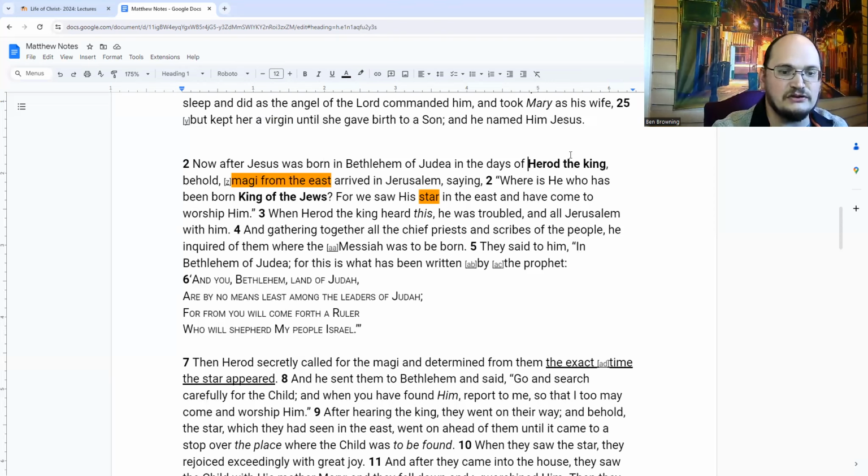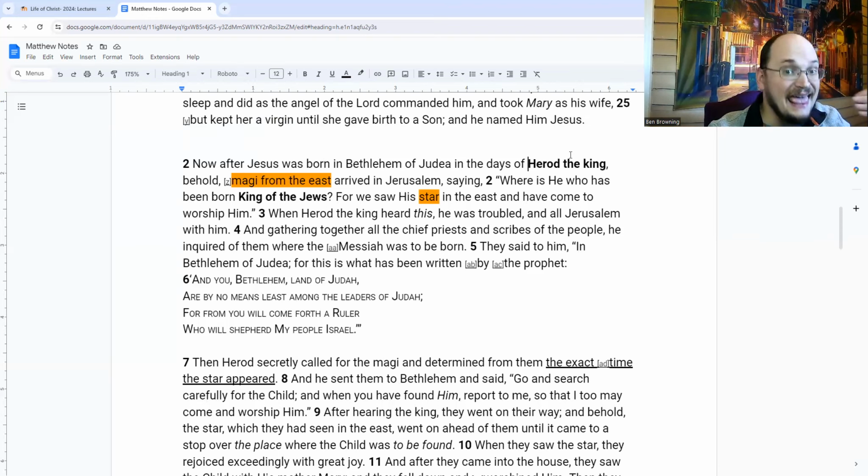But the main reason to understand that this affects Herod is that Herod is the king of the Jews, but he's not actually Jewish. He's an Idumean. So he's of a group of people who live nearby, but they are not ethnically Jewish, although they converted to Judaism many generations earlier.